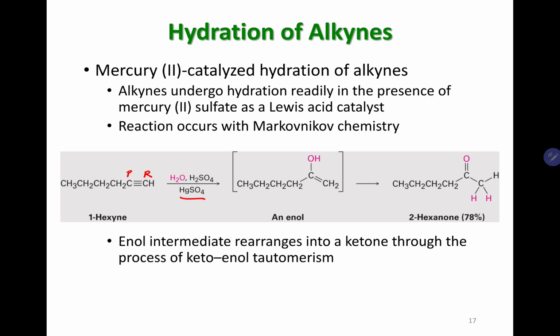If a carbon has fewer hydrogens than the other, we consider it a poor carbon. In this terminal alkyne, the two carbons have different numbers of hydrogens: the right-hand carbon has one hydrogen, so it is the rich carbon, and the other carbon has no hydrogen, so it is the poor carbon.